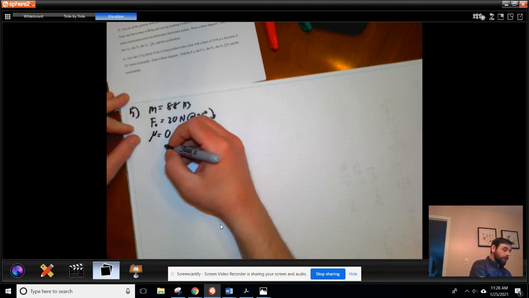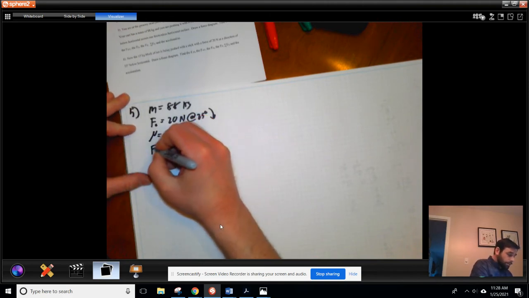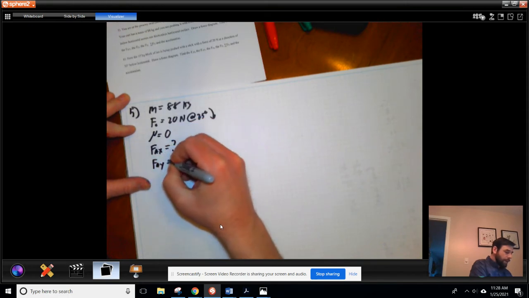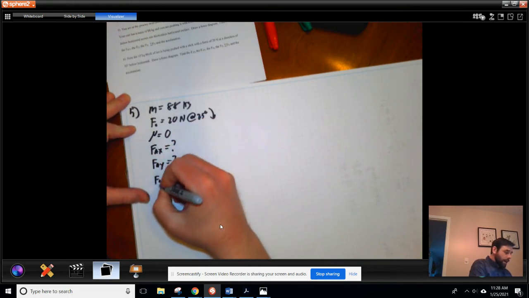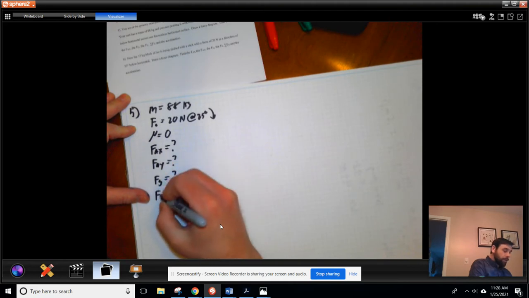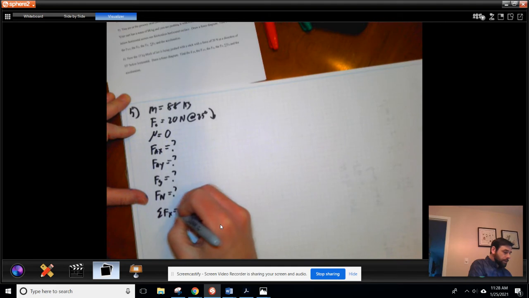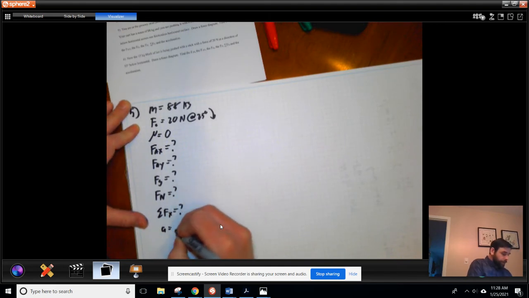Draw force diagram, find force applied X, force applied Y, force of gravity, force normal, net force X, and acceleration.